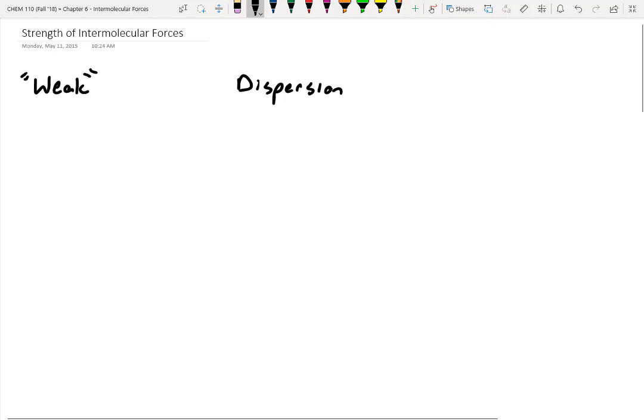And then we said with dispersion, you essentially have this momentary imbalance where one side of a molecule is electron-rich, the other side is electron-poor. So we'll have an electron-rich side of this molecule over here, and then same thing on this one. I'm going to do delta symbols to show imbalance of electron density.